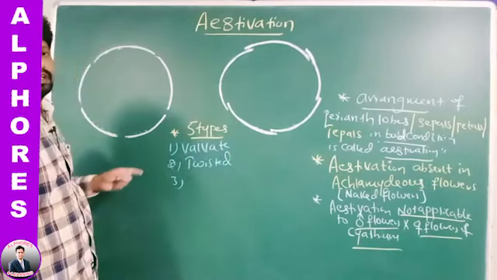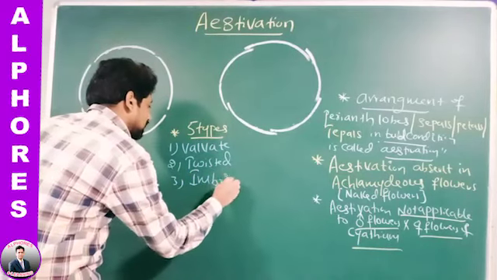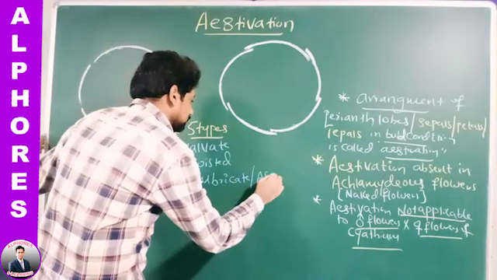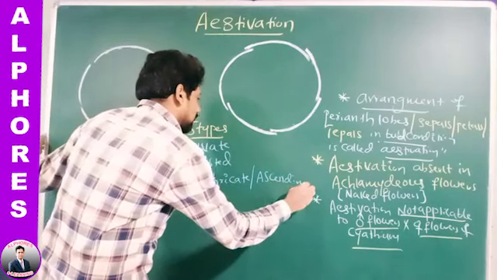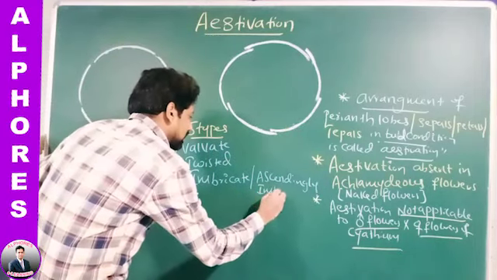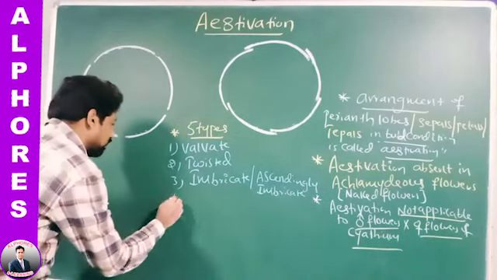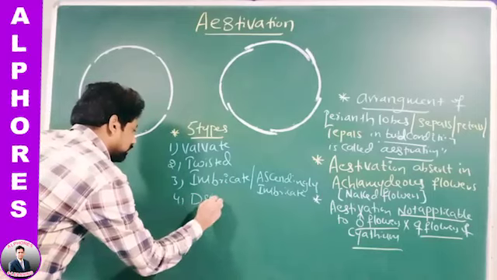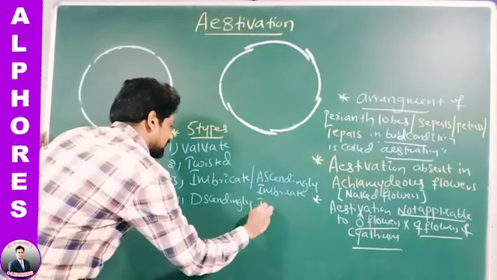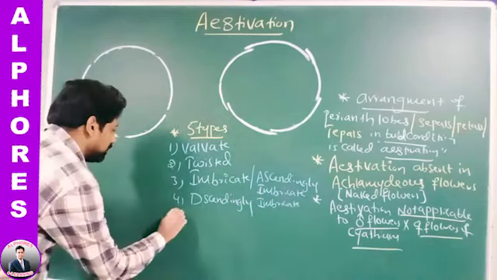The third one is imbricate, or ascendingly imbricate estivation. The fourth one is descendingly imbricate estivation. And the fifth one is quincuncial imbricate estivation.